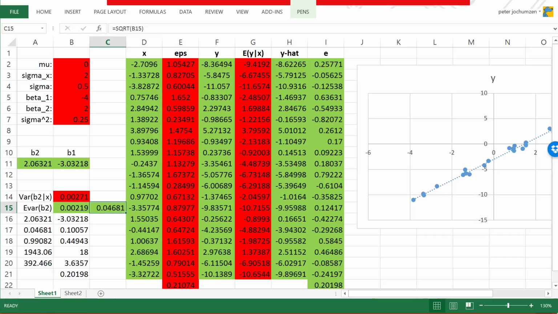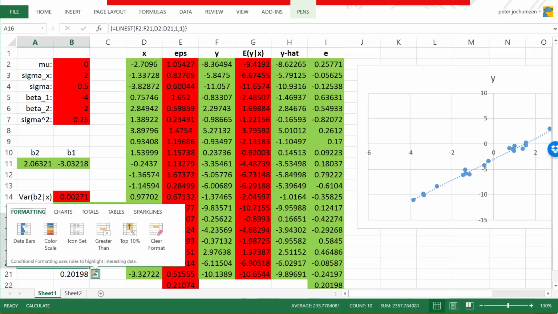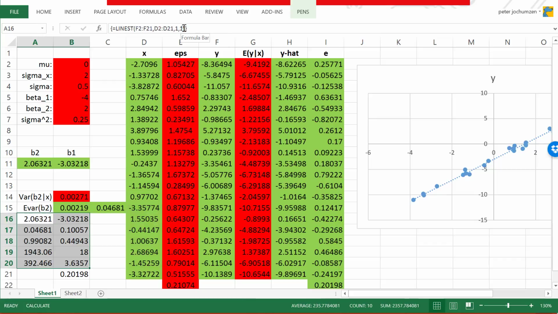For example, if you use LINEST in Excel and you also include additional statistics, so you put a 1 in the last argument, stats, then you get the standard errors in the second row. You get B2 and B1 in the first row. Those are B2 and B1, and these are the standard errors.